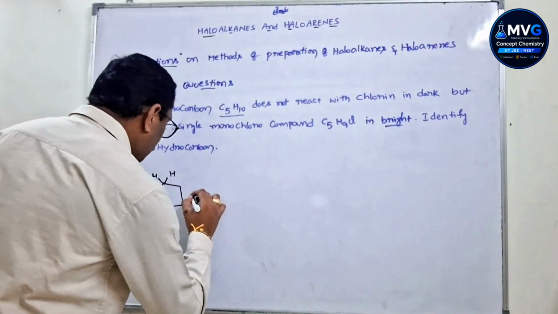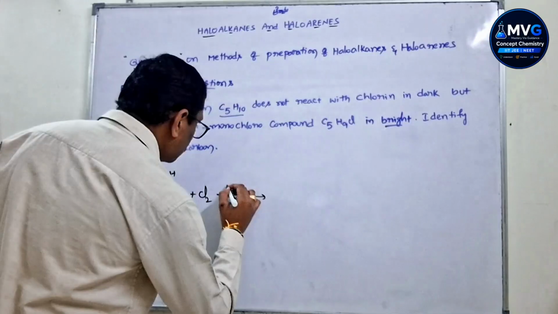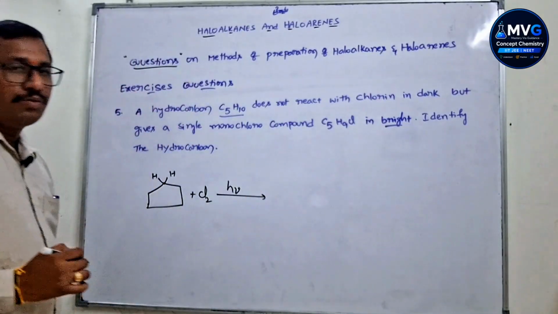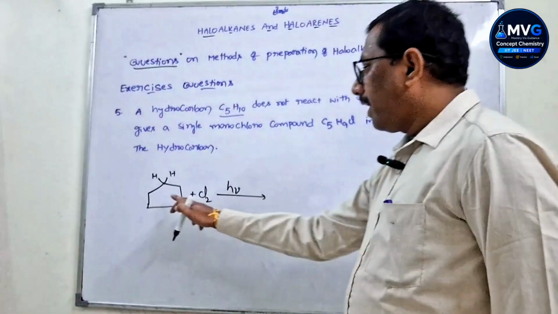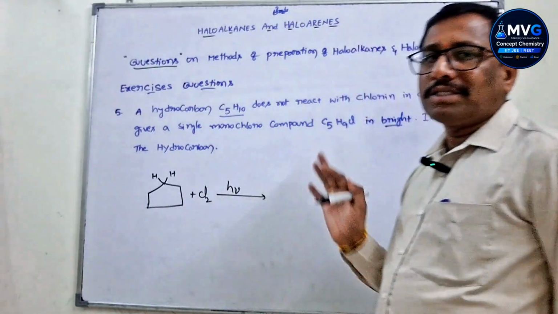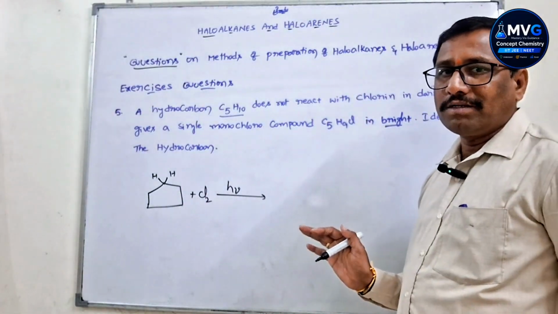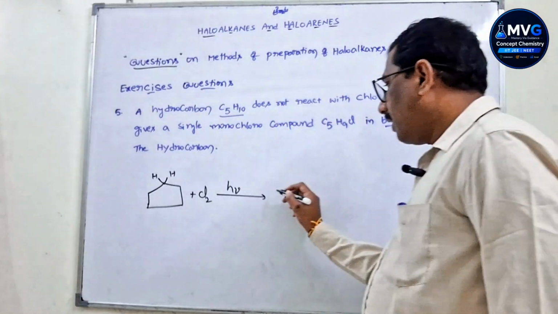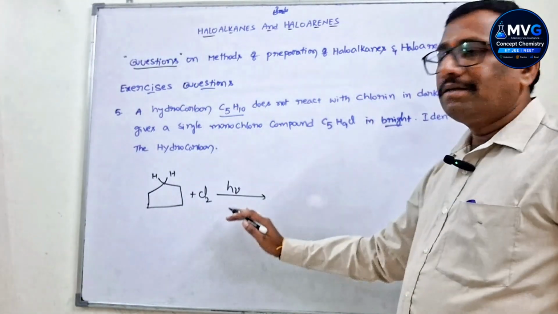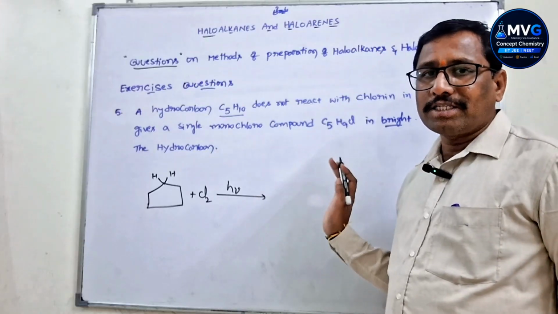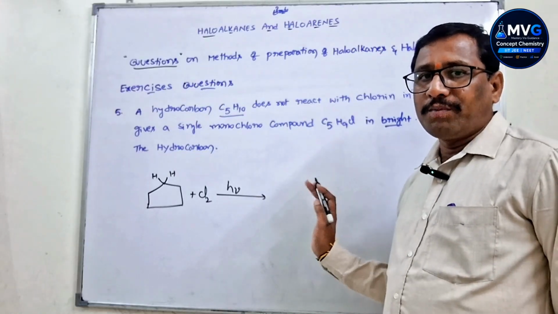Now, if this reaction takes place in bright light, meaning sunlight, students, h nu, UV light. We solved previous problems like this. Alkanes will undergo reactions in the presence of sunlight or UV light. Bright sunlight or UV light means the reaction will take place on the alkane part only.